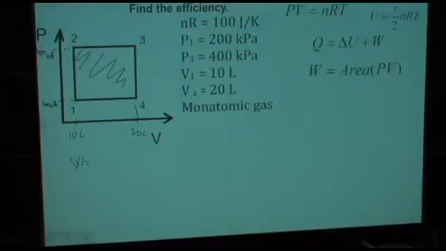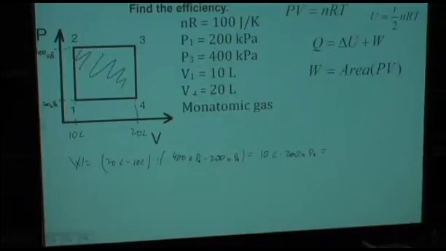So a rectangle, height times base: 20 liters minus 10 liters times 400 kilopascals minus 200 kilopascals. 20 minus 10, 10 liters. 400 minus 200, 200.